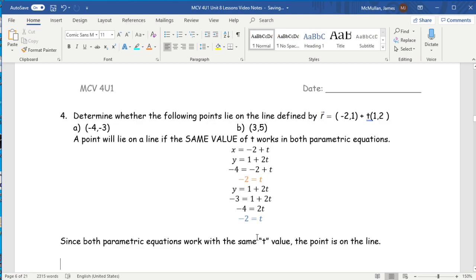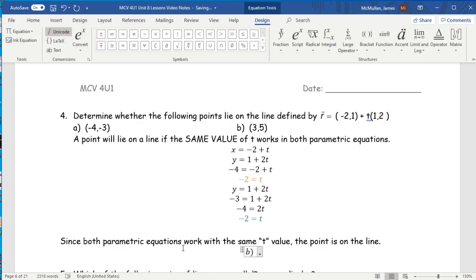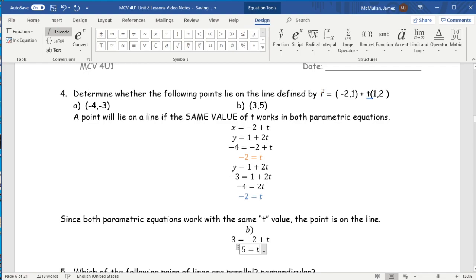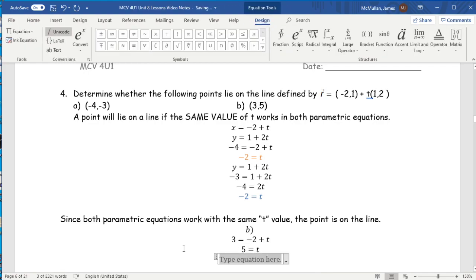Another way you could do it is you could do destination minus origin and then check if they're scalar multiples. I mean, really, that is the same thing, but anyway. Let's try with b. So with b, the x-coordinate is 3 equals negative 2 plus t, so 5 equals t. Just bring the negative 2 over.